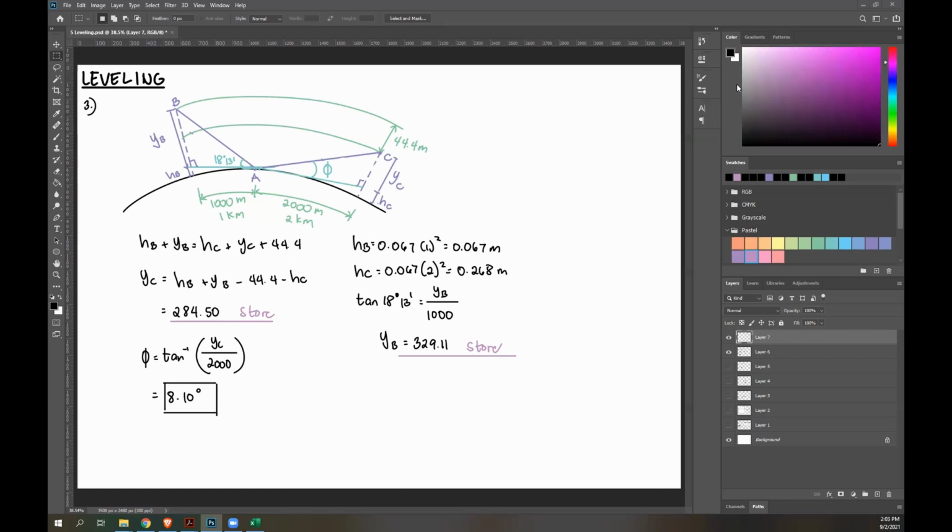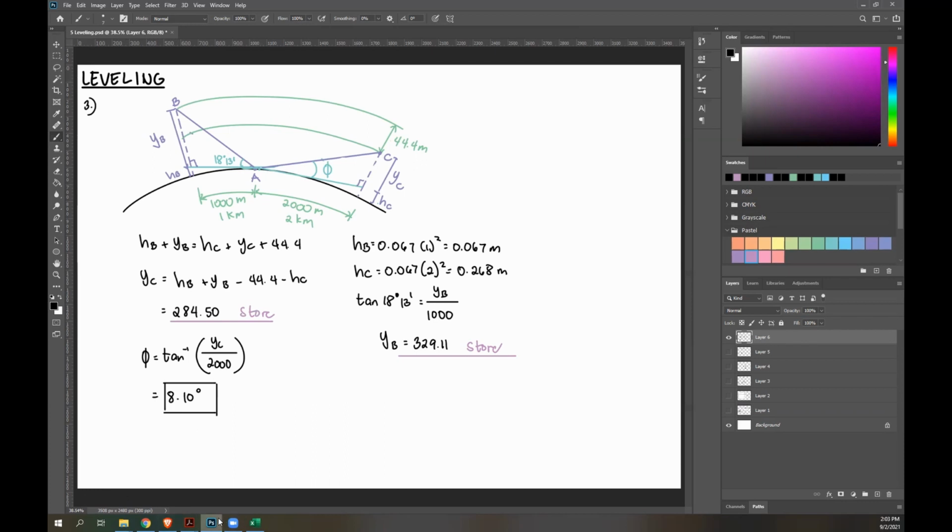Yeah, it's the same. So this straight line is considered the same as this length. And then next, no more questions.